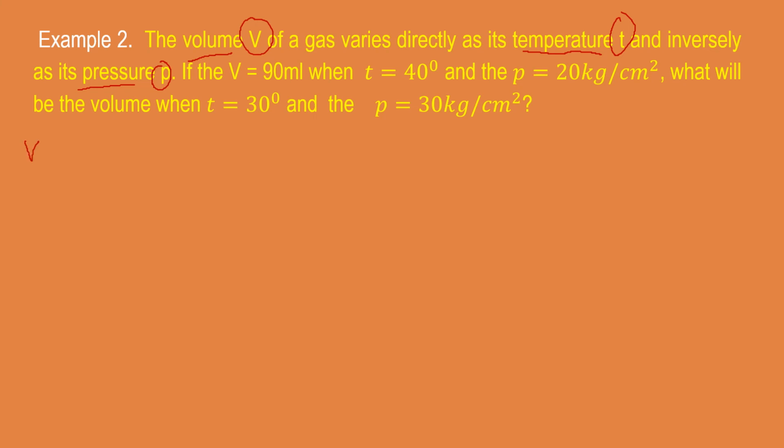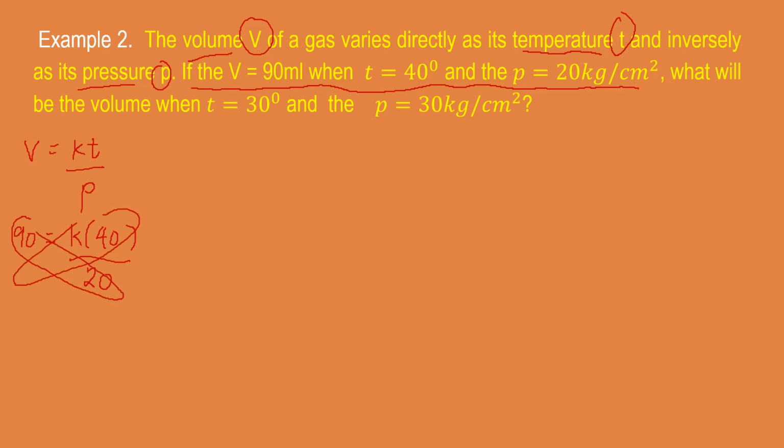Therefore, we have V is equal to KT over P. Now, if V is 90 when T is 40 and P is 20, let us substitute 90 to V, 40 to T, and 20 to P in order to solve for K. By cross multiplication, we're going to have 40K is equal to 90 times 20, that will be 1,800. Divide both sides by 40.